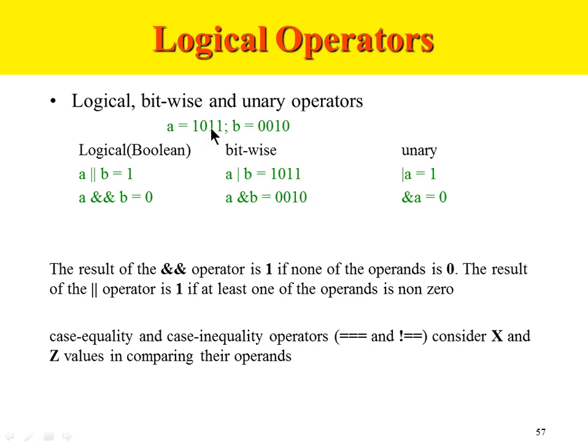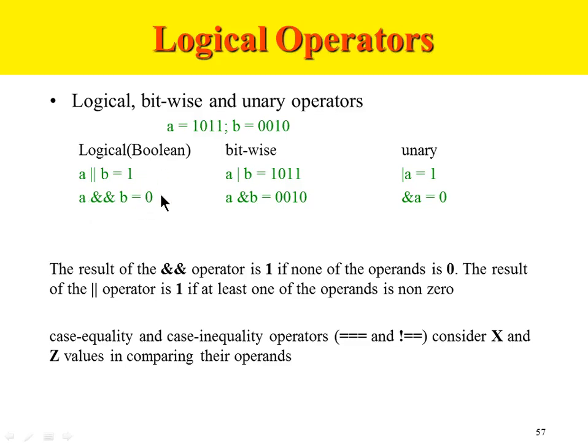Let's say we have two numbers A and B, each 4-bit. A is 1011, B is 0010. Now if I do a logical operation A || B, this is a logical operation giving me a Boolean result. If this is non-zero, it will give me 1. For A && B, if one of the inputs is 0, it will give me a 0 output.